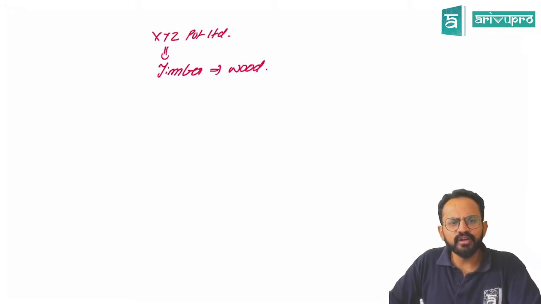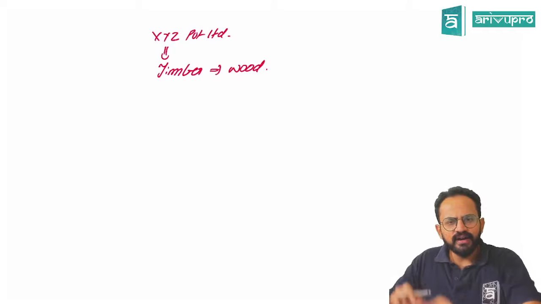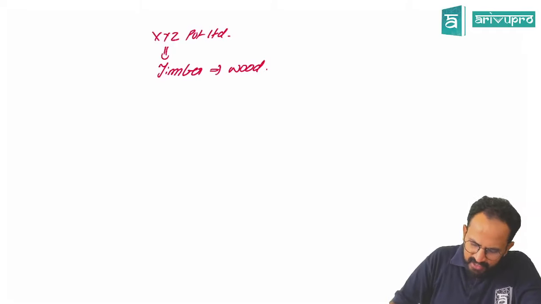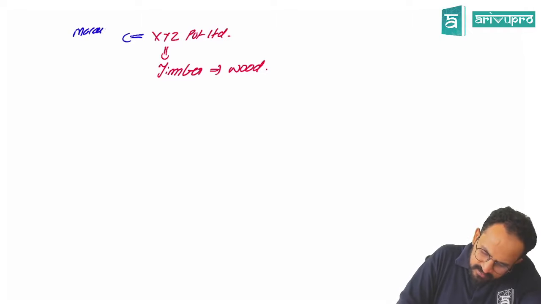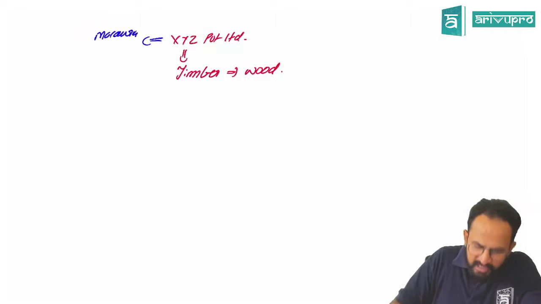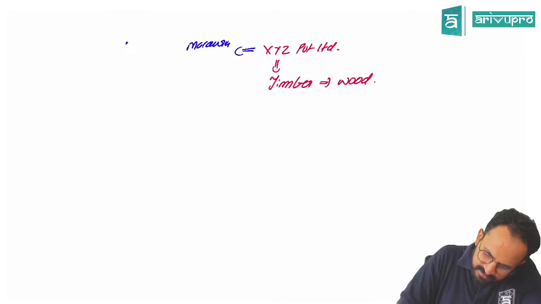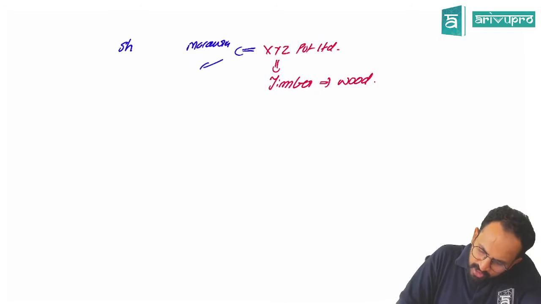Now one day, what happened? The owner of this company was Mr. Macaura. He was the only shareholder. Macaura was also the director. Macaura basically was everything in the company.